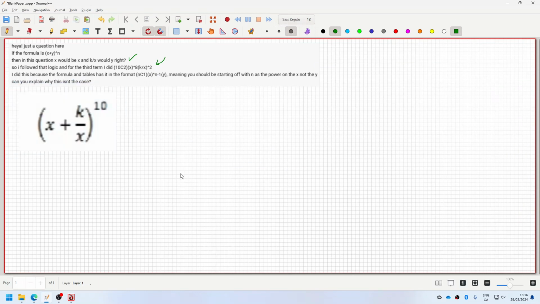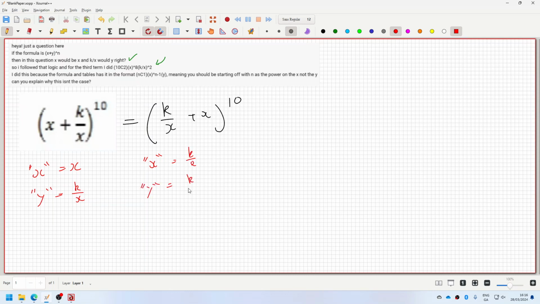Okay, you could say that this is the same as k over x plus x equals 10. So actually you have a choice. You could say x equals x and y equals k over x, and x in this case equals k over x, and y equals x.